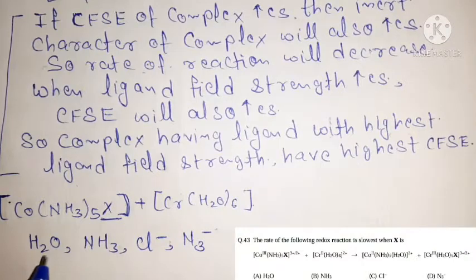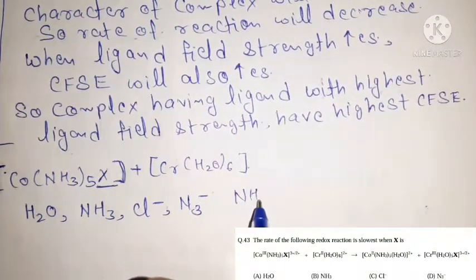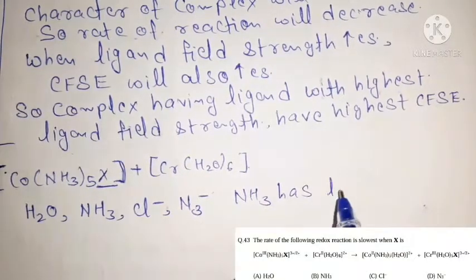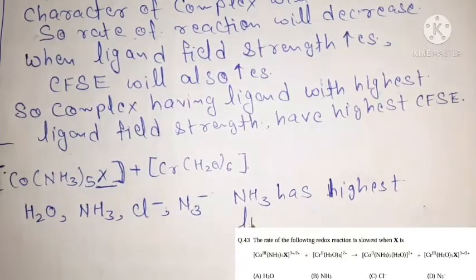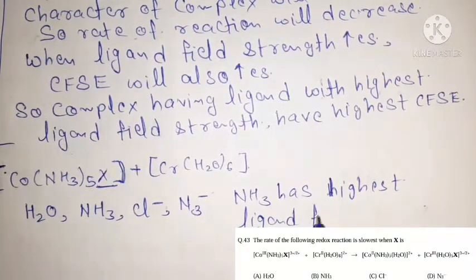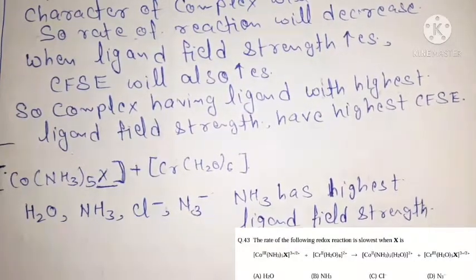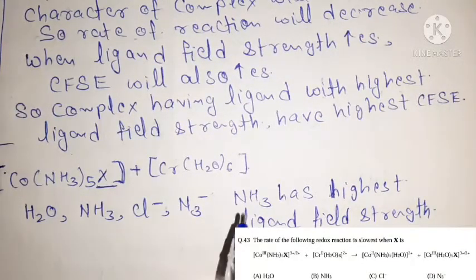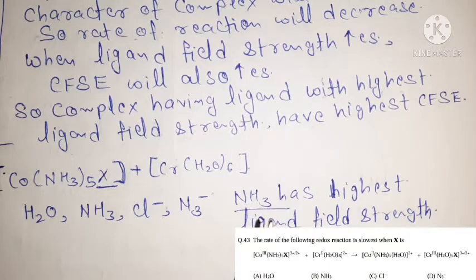Out of all these ligands, we clearly know that NH3 has highest ligand field strength. That means the complex containing NH3 has slowest reaction rate, because it is highest in inert character and highest in CFSE also.